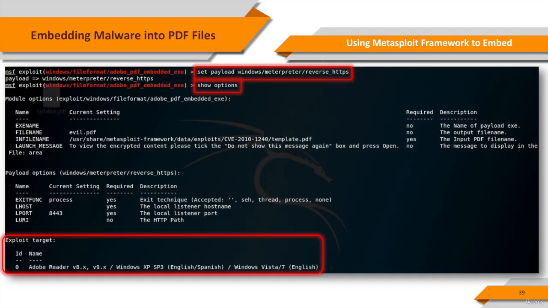Now the question is: can you find any device running an old version of an operating system and an old version of the reader? The answer is of course. Do you remember the WannaCry ransomware attacks? The attack affected more than 300,000 computers across 150 countries, including the UK's NHS health systems.